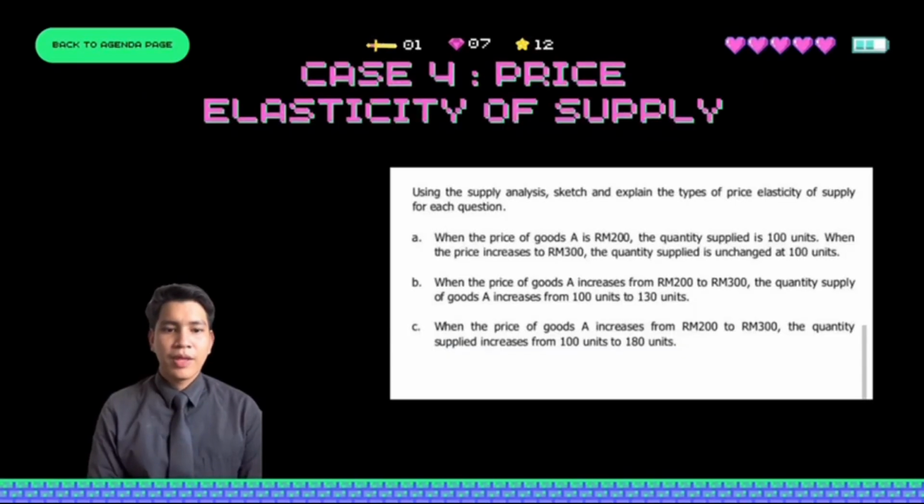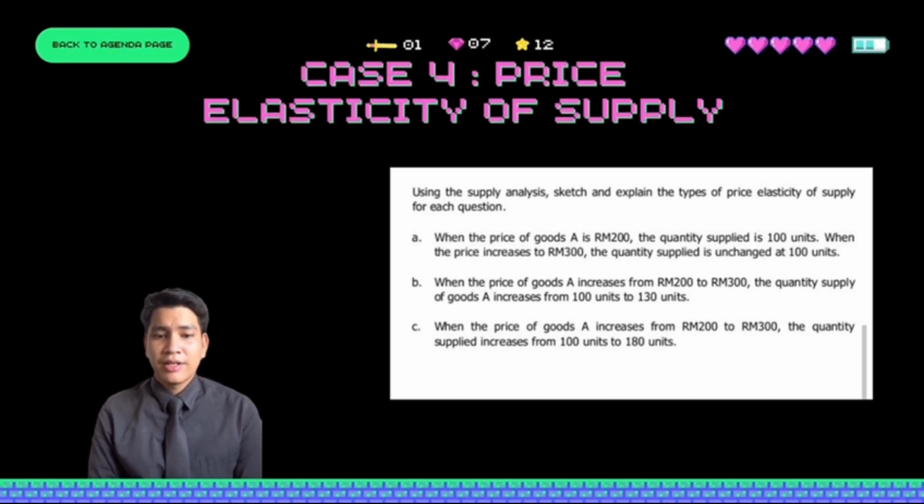For case 4, price elasticity of supply. Using the supply analysis, sketch and explain the types of price elasticity of supply for each question. A. When the price of good A is 200 ringgit, the quantity supplied is 100 units. When the price increases to 300 ringgit, the quantity supplied is unchanged at 100 units.